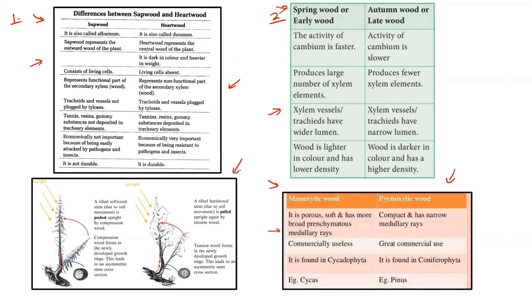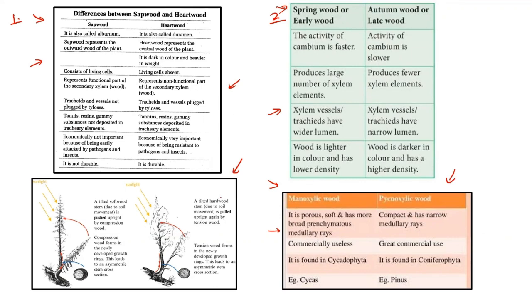Then comes the part where the wood is under stress. When the plant is under stress, two kinds of wood are seen, and these are the tension wood and the compression wood. So what are these, and what difference occurs when an angiospermic plant is under stress, and what difference occurs when a gymnospermic plant is under stress?